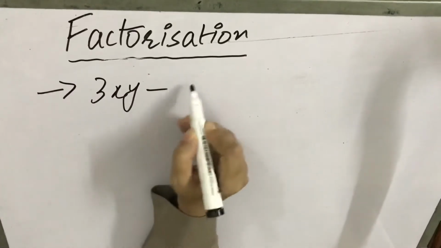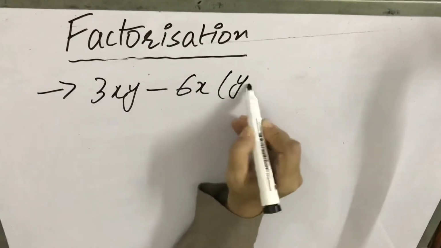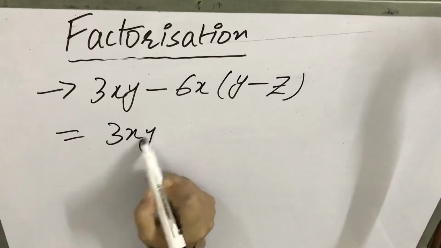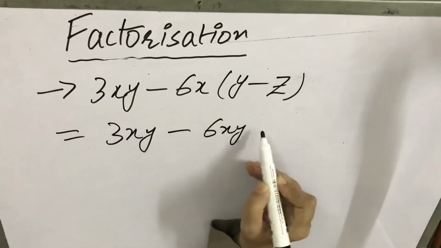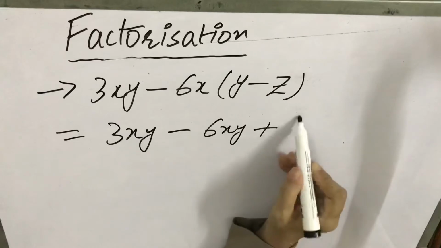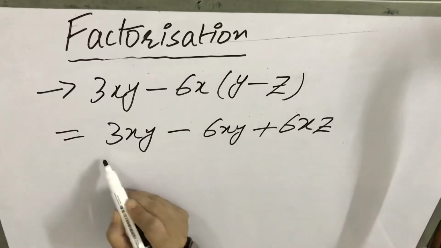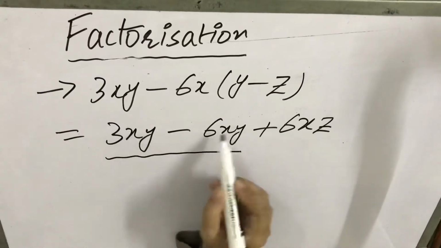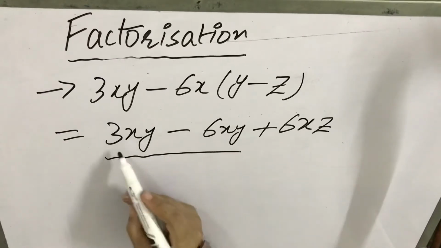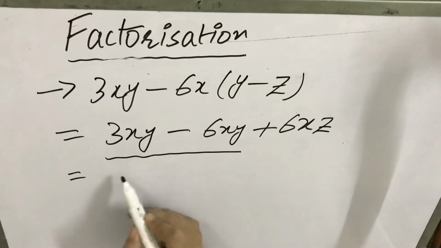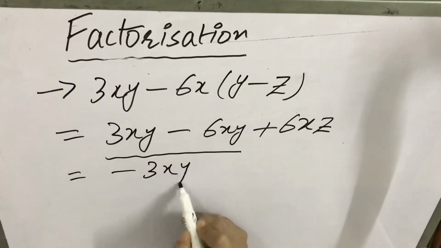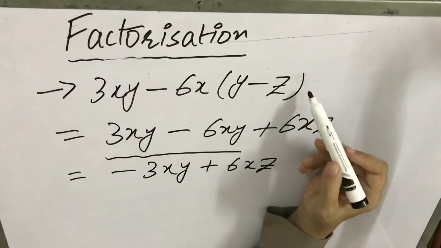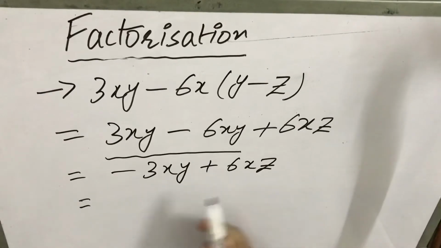3xy minus 6x bracket y minus z. Open it, 3xy minus 6xy plus 6xz. 3xy and 6xy both have the same variables, so these are like terms. I can have directly from here minus 3xy plus 6xz, which I cannot have from here. So now I shall factorize.